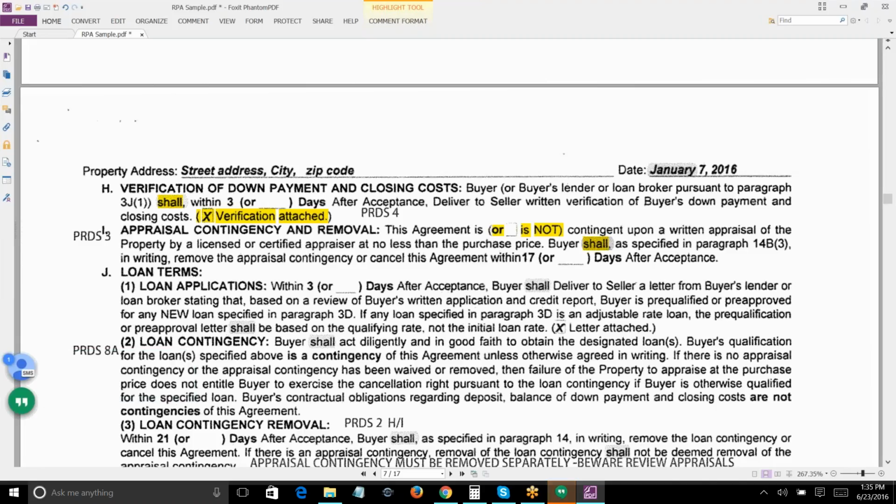In other words, we can write in a clause that says property must appraise for a minimum of, and you take the maximum amount that they're willing to contribute and subtract that from the amount you're writing the offer for. Does everybody get me? If they said the most we could ever afford to do is $50,000, you take their offer, subtract 50, whatever that number is, property must appraise for a minimum of, write that number in.